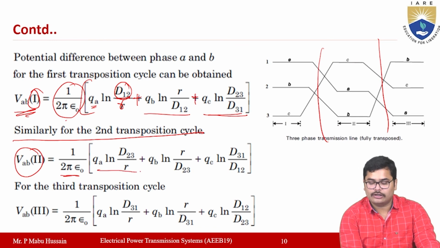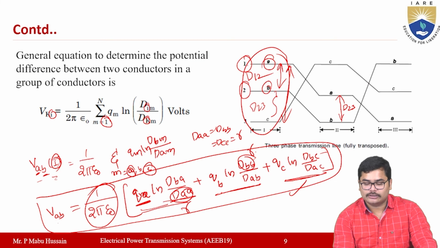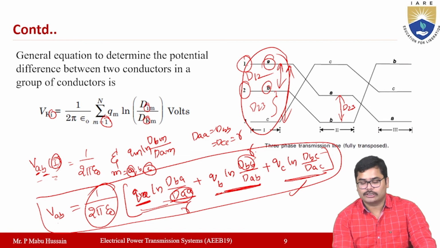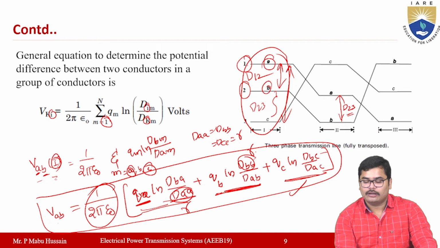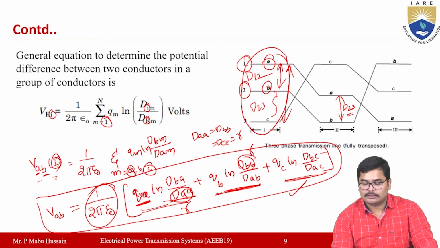Plus, in the second term, QB ln R by DAB. DBA and DAB distances are both the same, and DAB is D23 only. So QB ln R by D23 you will get. Plus, the third term will be QC ln DBC by DAC.